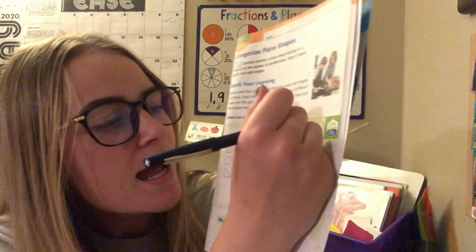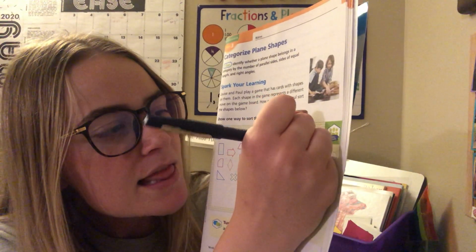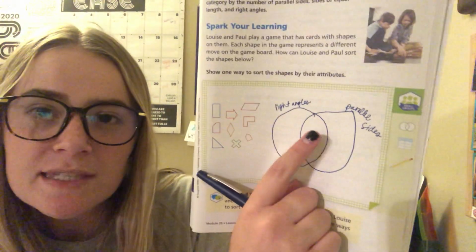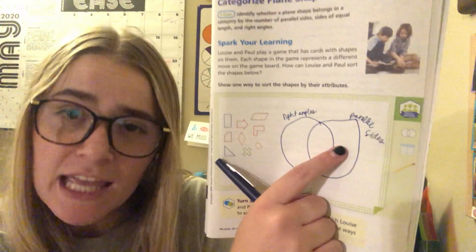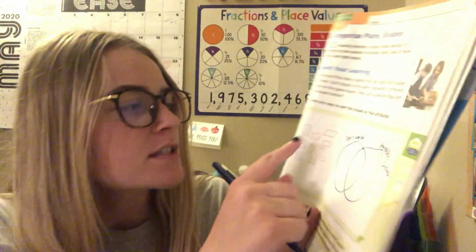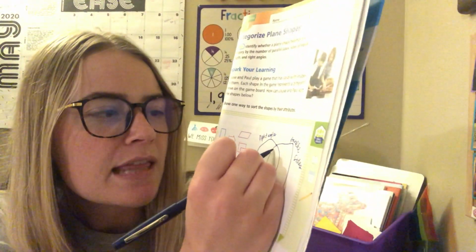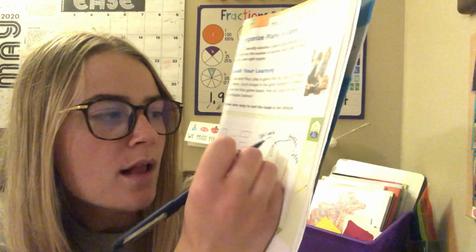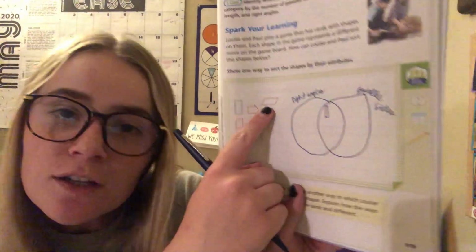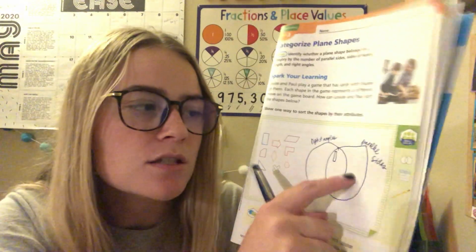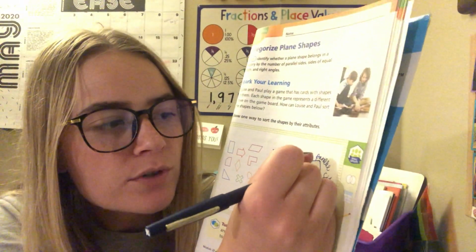And on the other side, I'm going to write parallel sides. In the middle will be the shapes that have right angles and parallel sides. This first one, this rectangle, has right angles and parallel sides, so it goes in the middle, has both qualities. This parallelogram, however, has parallel sides, but it does not have right angles, so it'll only go over here.